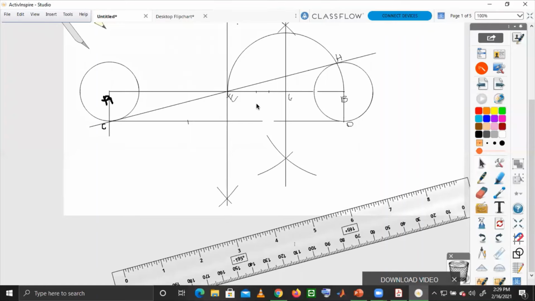Now bear in mind that the line from point A to point B is actually supposed to be a center line, as we saw from the directions in the handout. So I'm going to make that clean so that we achieve the long and short dashes.